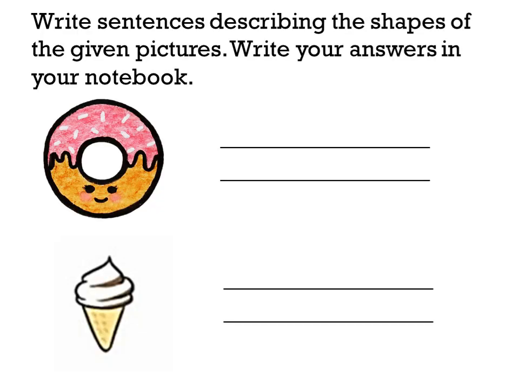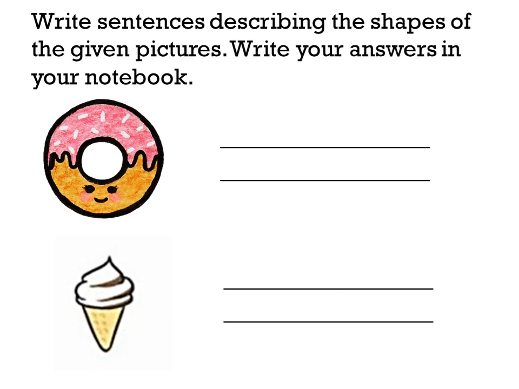Now what we're going to do is get your notebook and pencil, look at the picture, and write sentences describing the shapes of the given pictures. You need to write your answers in your notebook. Look at the first one. That one is a donut. You need to write a sentence based on the shape of the donut.